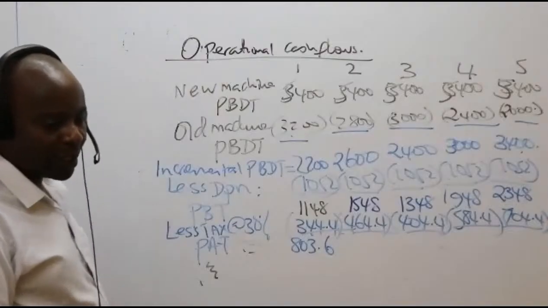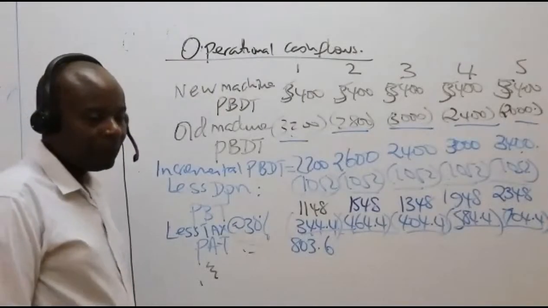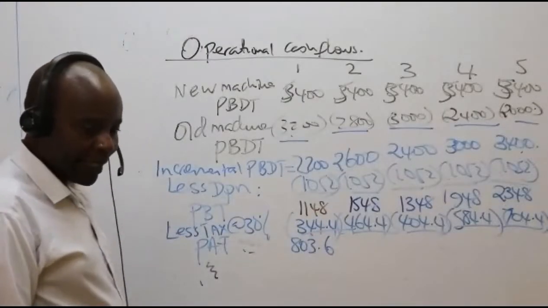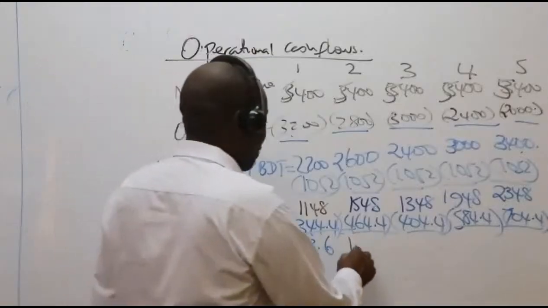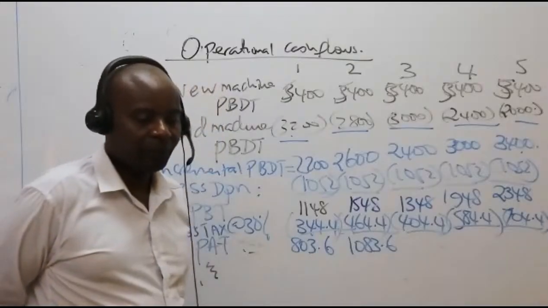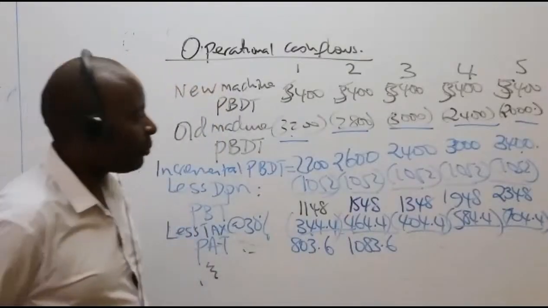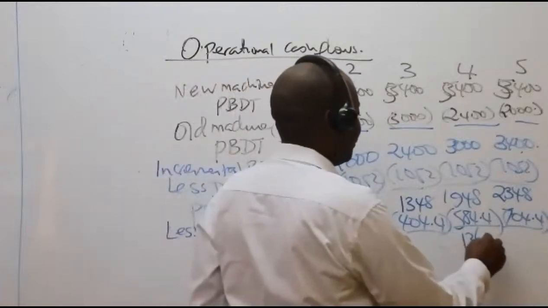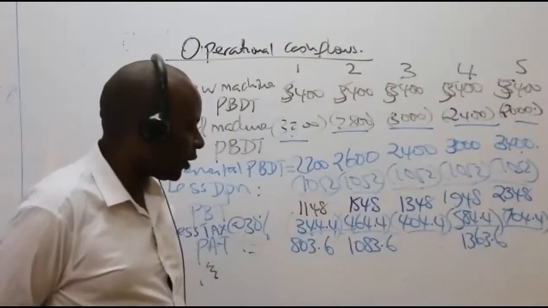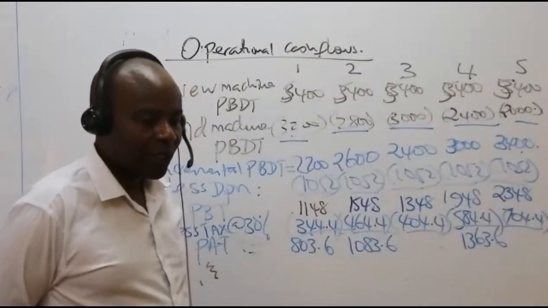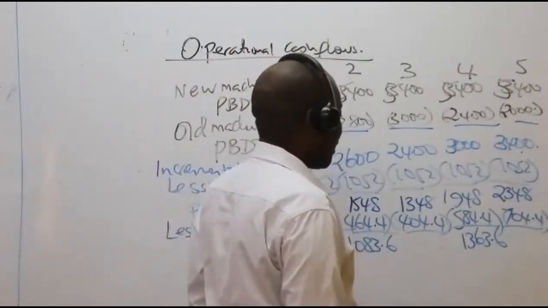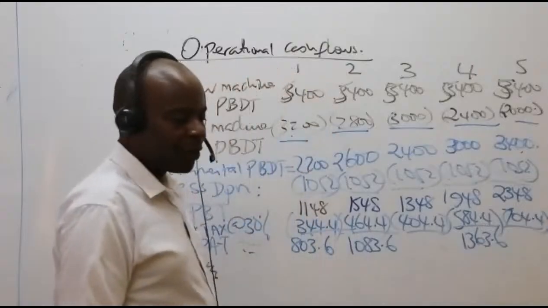So 803.6. The second one, 1083.6. Fourth, 1363.6. 1643.6. 943.6.